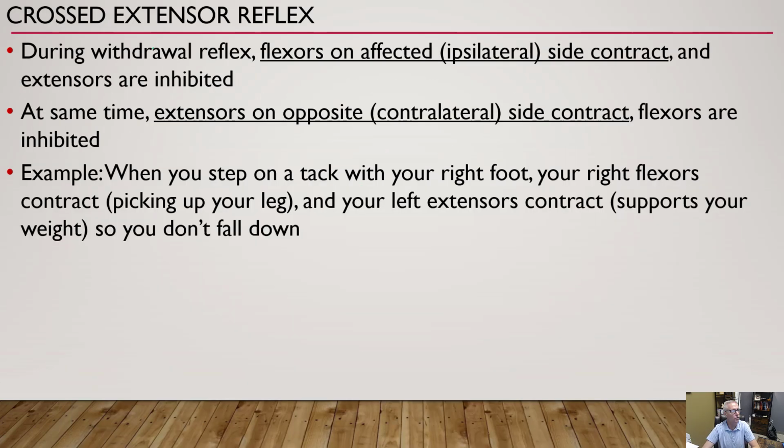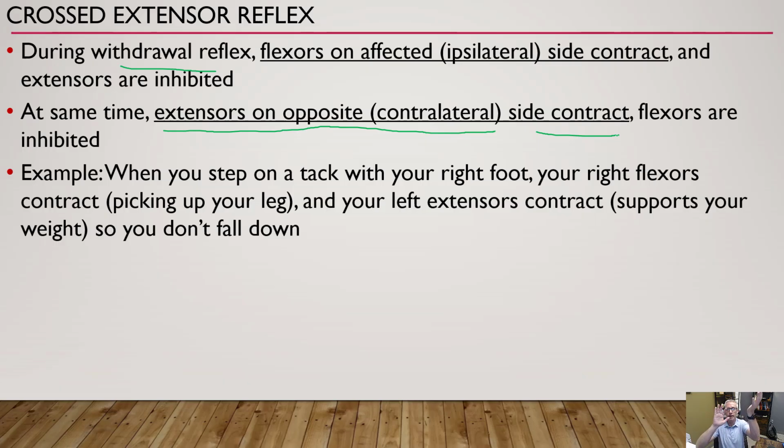But also, during that withdrawal reflex, extensors on the opposite side, contralaterally, are going to contract, meaning that the extensors on the other side of your leg are going to contract so that you don't fall down.